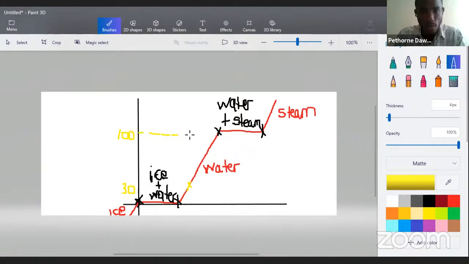All right. And then we'd have this point now where it is all steam. That point at 100 would be water, and that point at 100 would be steam.